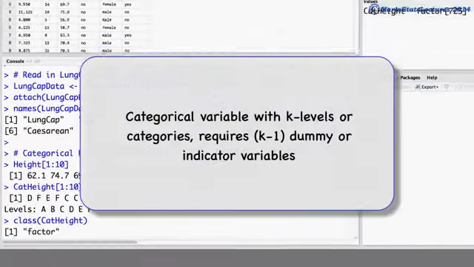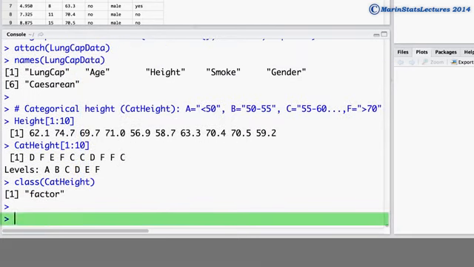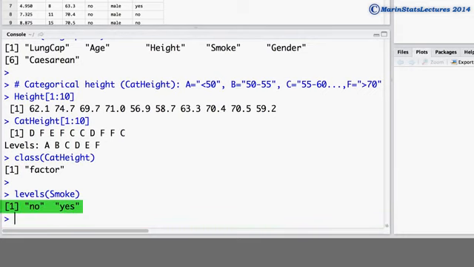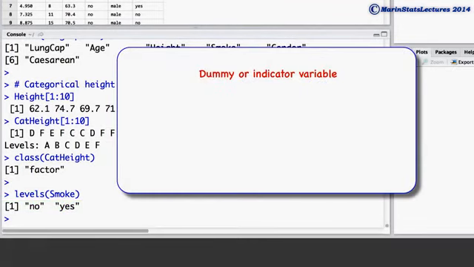A categorical variable that has k levels or categories requires k-1 dummy or indicator variables to represent it. For example, the variable smoke has two levels, no and yes. These two levels will require one indicator variable in order to represent smoking status. We can create a dummy or indicator variable.